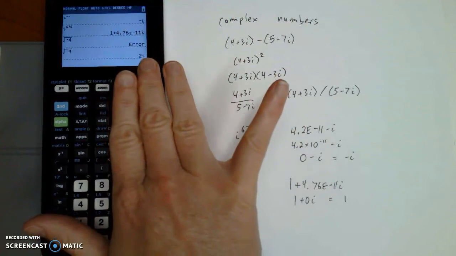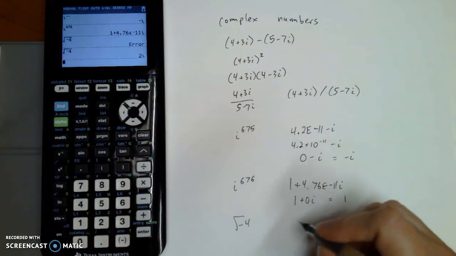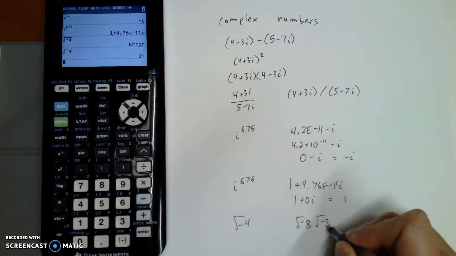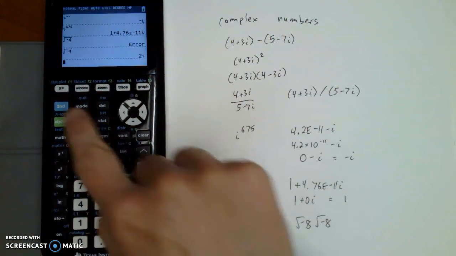So again, we do have no imaginaries as a default, particularly for those lower levels. We don't want to confuse students that don't deal with i's, but we can change to this mode if we need to have it. Let's say I want to do negative square root of 8 times negative square root of 8. Well, I'm in imaginary mode. My calculator should be able to do this.